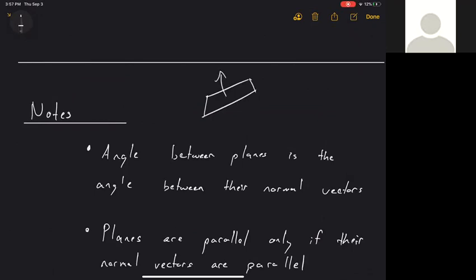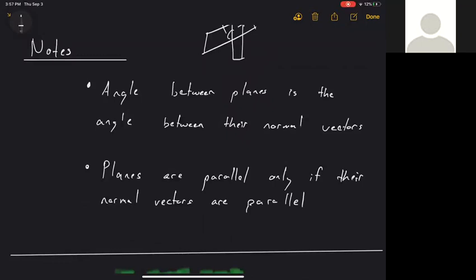And then I'll try and draw this other plane, and they kind of intersect, right? This plane has this normal vector here. The angle between these two planes is going to be the same thing as the angle between those two vectors.